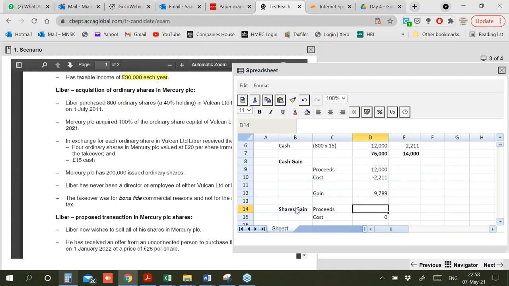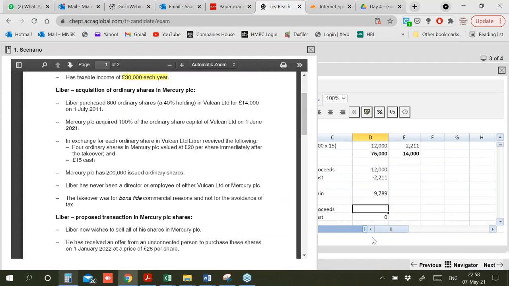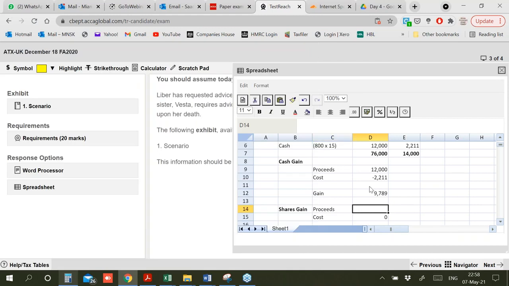If she sells the shares immediately to that unconnected person who has given her the offer of £28 per share and does not wait for Janus, then her proceeds will be £28 times the number of shares she has received, and those were 3,200 new shares. So her proceeds will be 89,600.